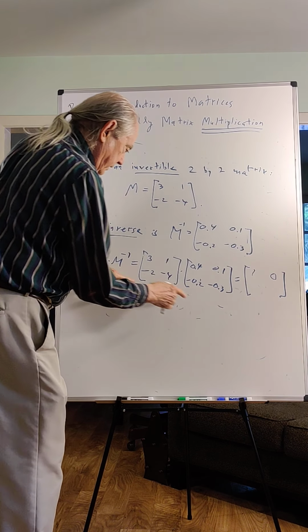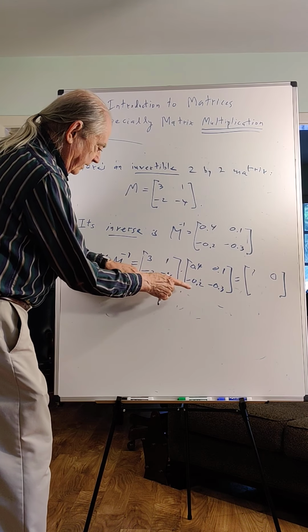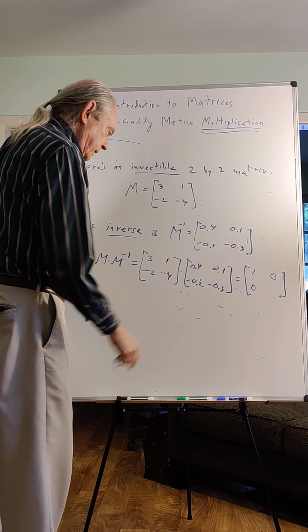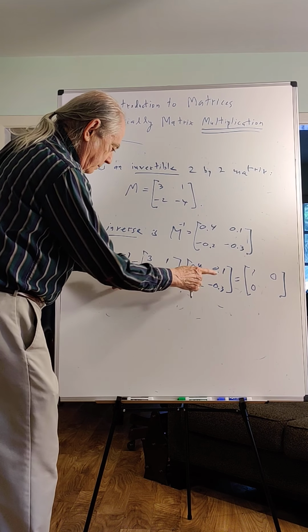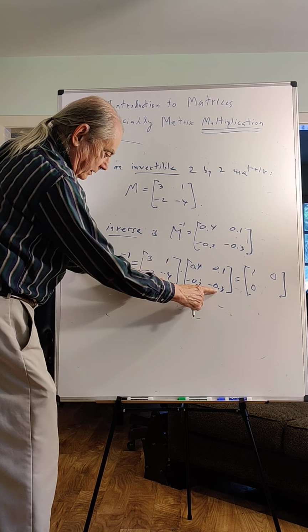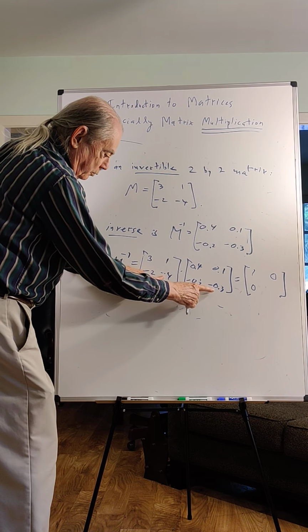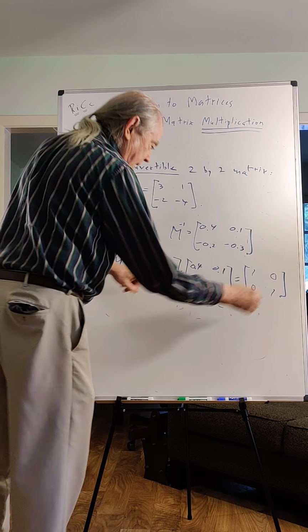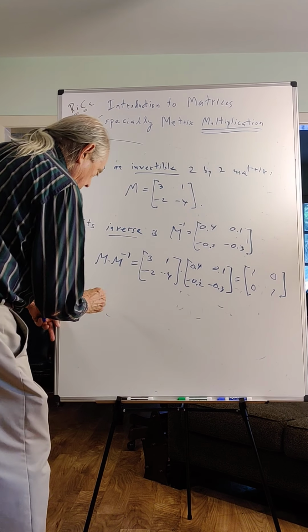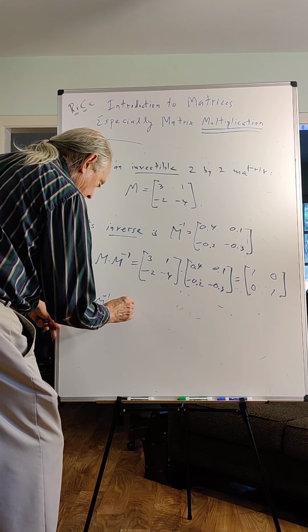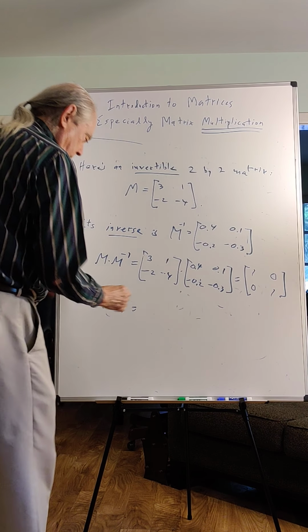Lower left, minus 8/10 plus 8/10, 0. Lower right, minus 2/10, and now we have minus times minus. So it's minus 2/10 plus 1.2. That's 1 again. Now, if you do it the other way, you get the same answer for a change, but the calculation is different.